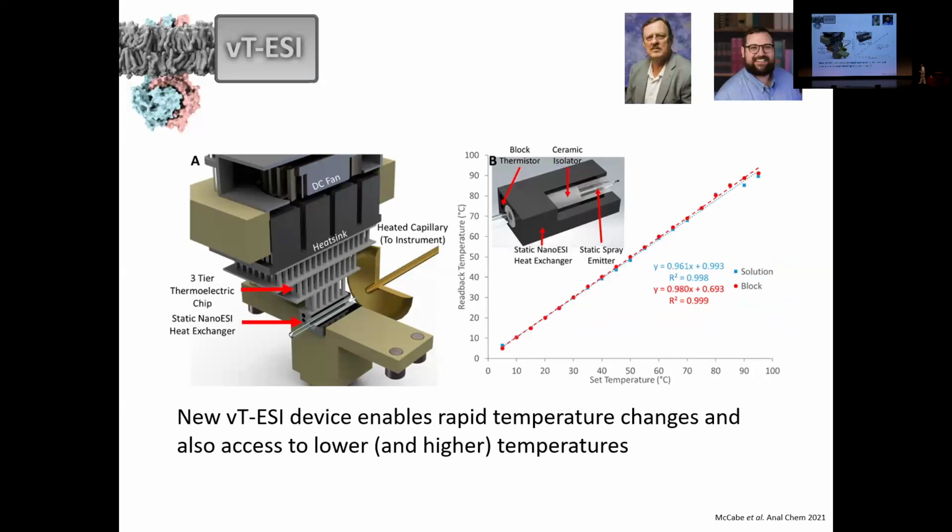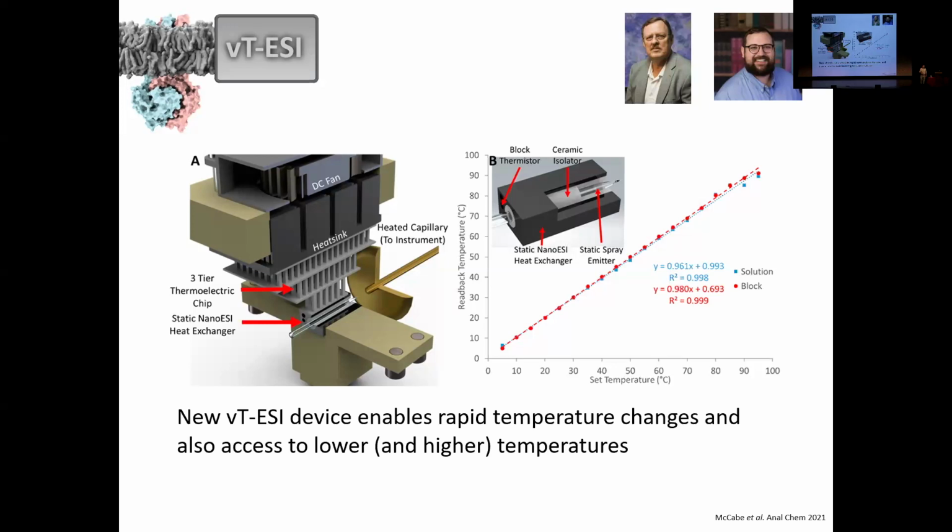All right, what we can do now, we need to control temperature. So here I'm showing you how we've developed a device where we have thermoelectric chips. We have our sample down here, and now we can control the solution temperature, meaning I can perform the measurements at different temperatures and record what happens, right? And you by now already know that every reaction that we study is temperature dependent, right?